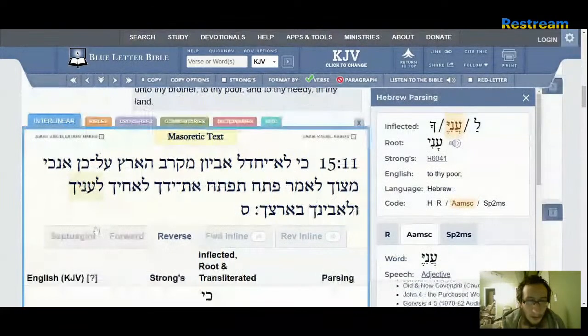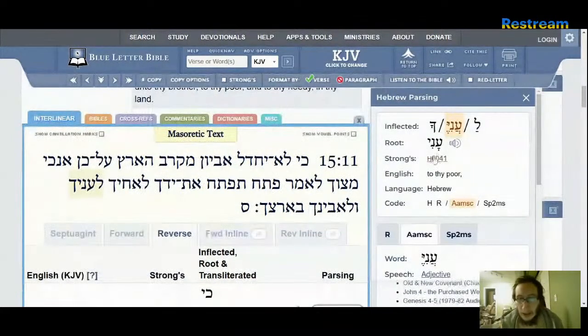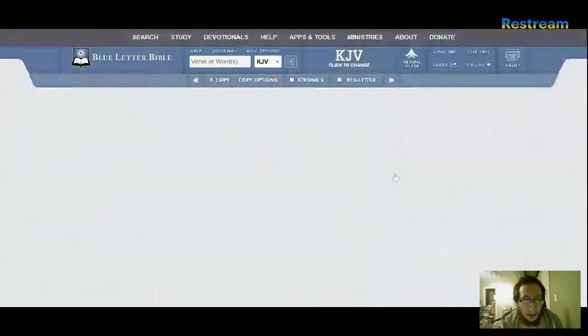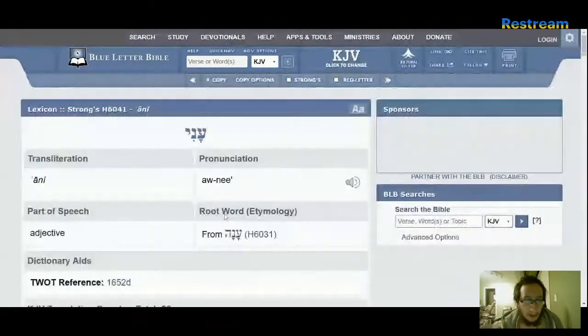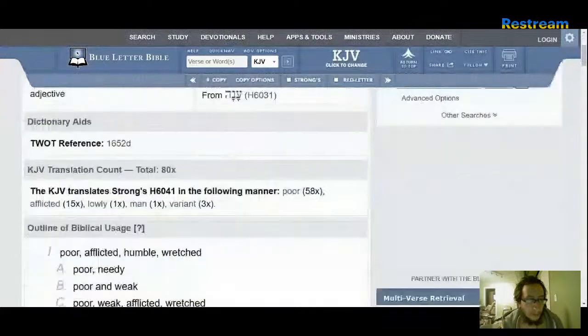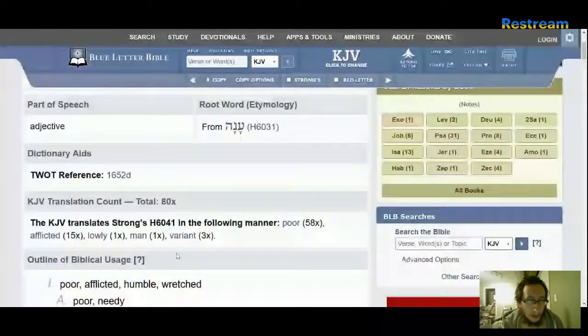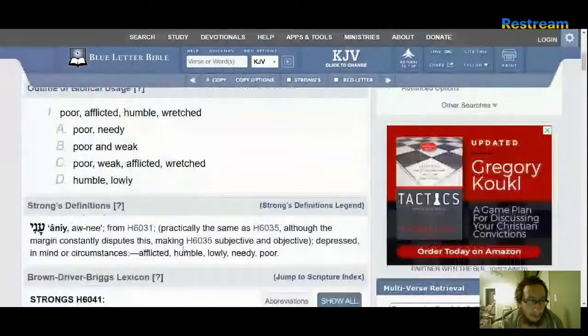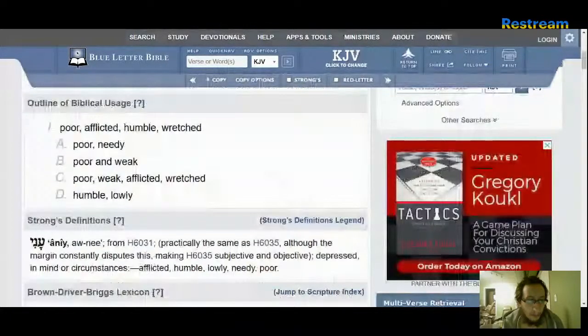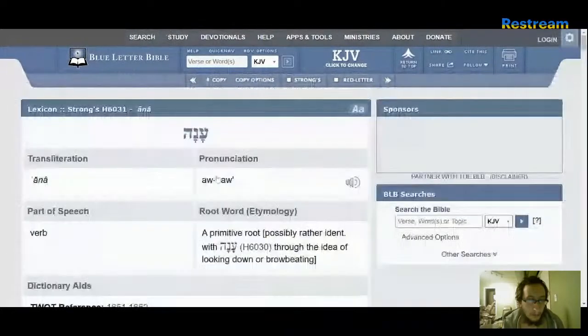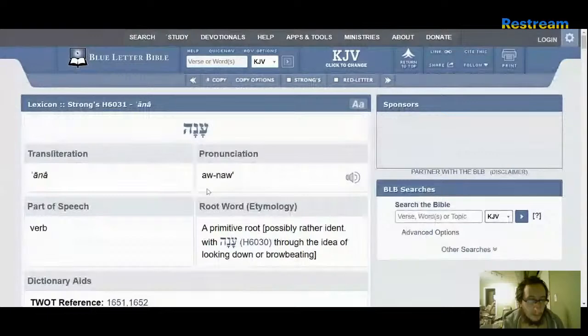So this one is ani, wretched. So this is lowly. This is more like lowly, it looks like, or afflicted.